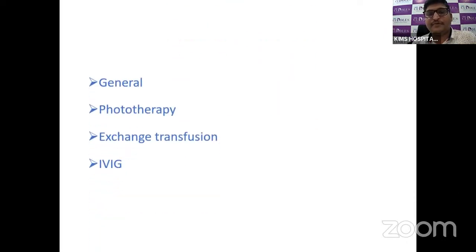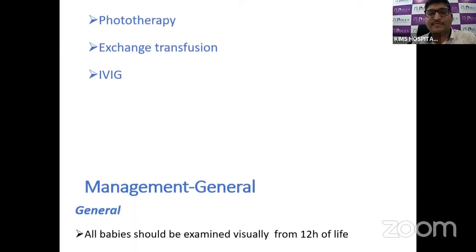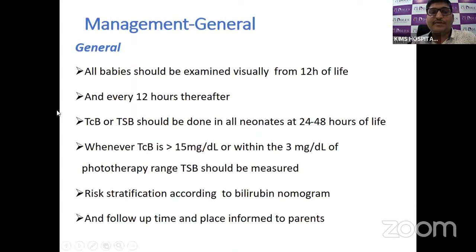When it comes to management, let's look at some general principles we have to follow in inborn neonates, and the other specific measures like phototherapy and exchange transfusion. All neonates should be examined visually from 12 hours of life and every 12 hours thereafter.